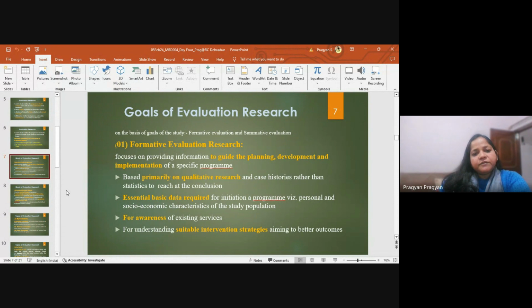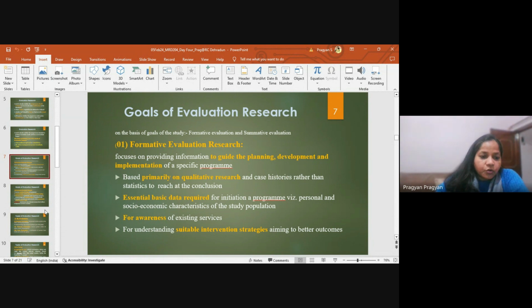But formative evaluation research requires qualitative understanding. That means qualitative and extensive research methods can be used for formative evaluation research. So there can be seen more use of qualitative research tools.